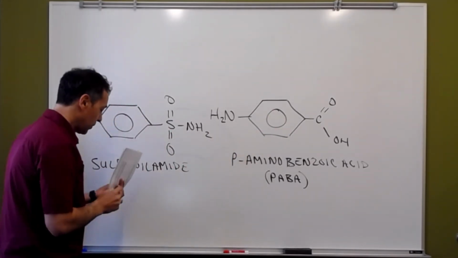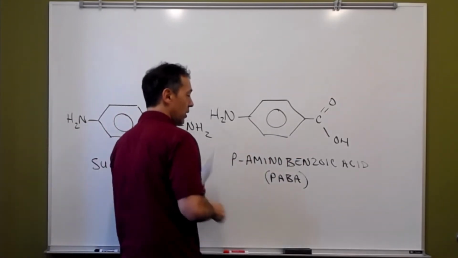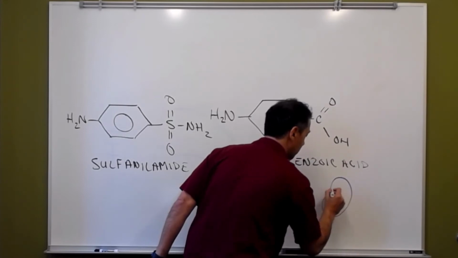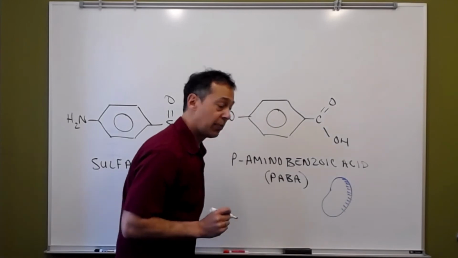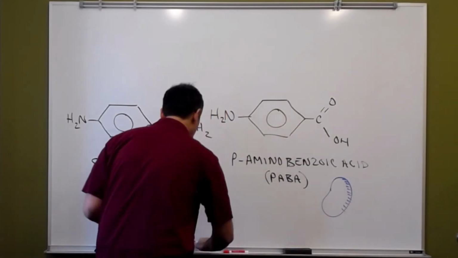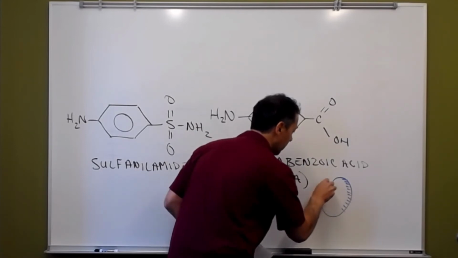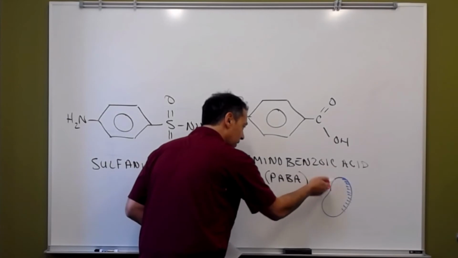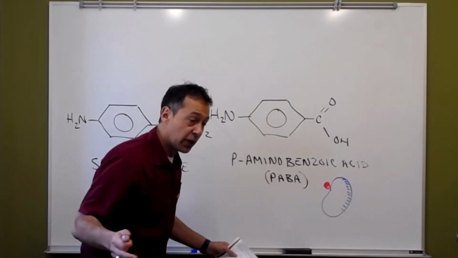Now this molecule here looks remarkably similar to this one here. And so what happens is this molecule has to go to an enzyme in a bacteria. So here's my enzyme that looks remarkably like a kidney bean. And this molecule has to go to the active site on the enzyme to get converted into folic acid.